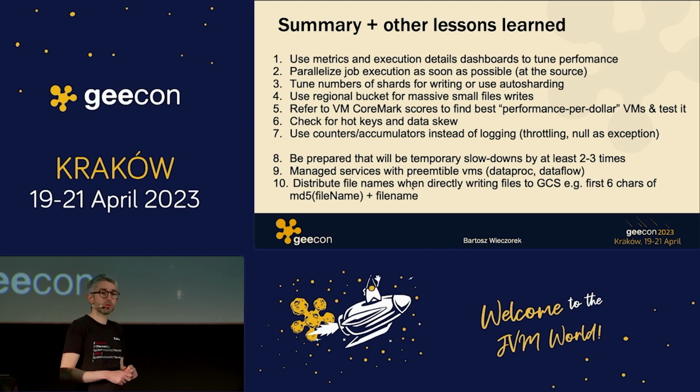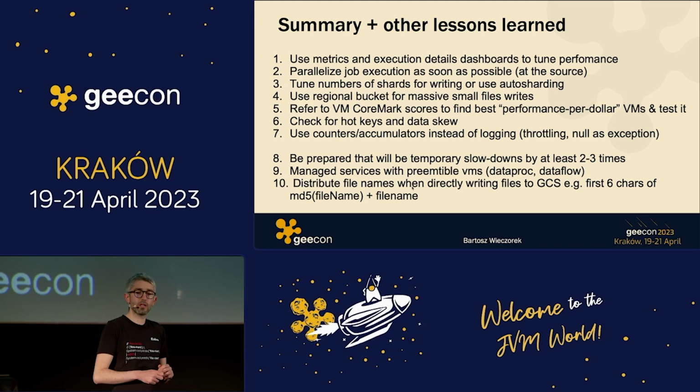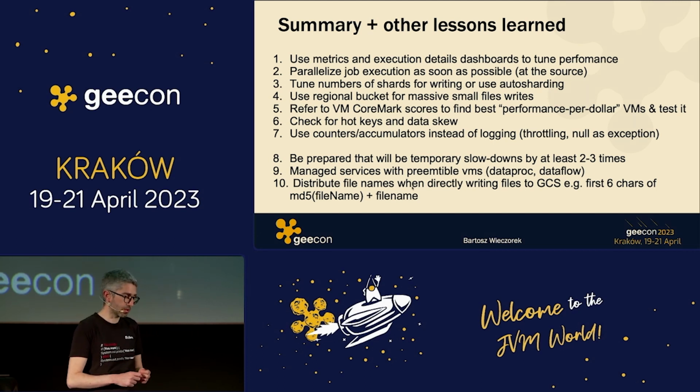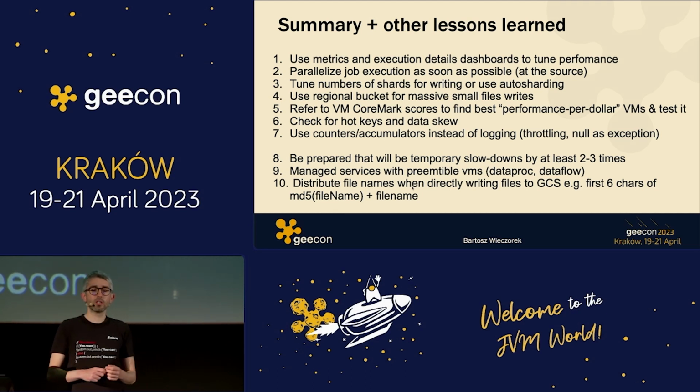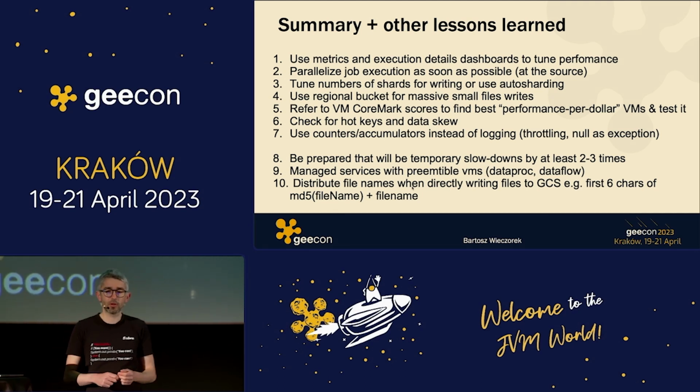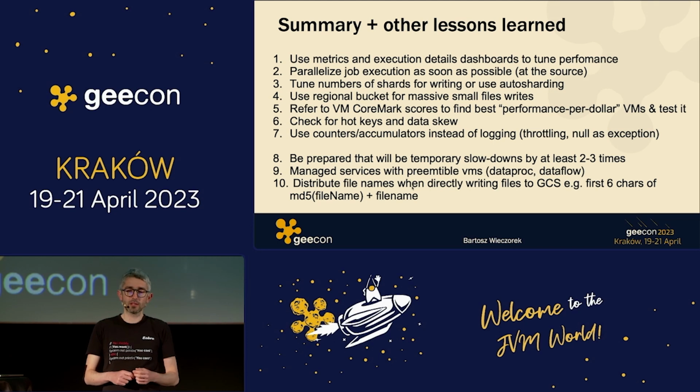Optimize the cost by using preemptible VMs. Especially, I recommend doing that with managed services, because you don't need to take care of when your machine gets taken away from you. All the managed services like Dataproc or Dataflow can handle that for you.